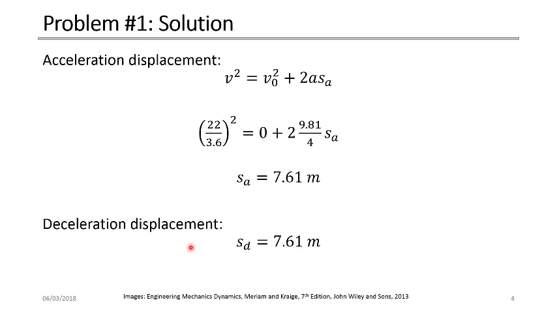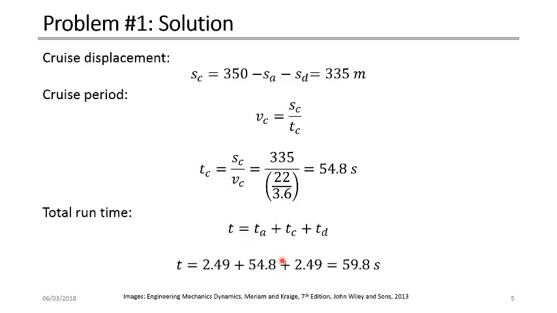Because everything is the same between the acceleration and deceleration, even if you calculate the deceleration displacement, it's going to be exactly the same value, which is 7.61 meters. The cruise displacement is in between, so we have acceleration, then cruising, and then deceleration.